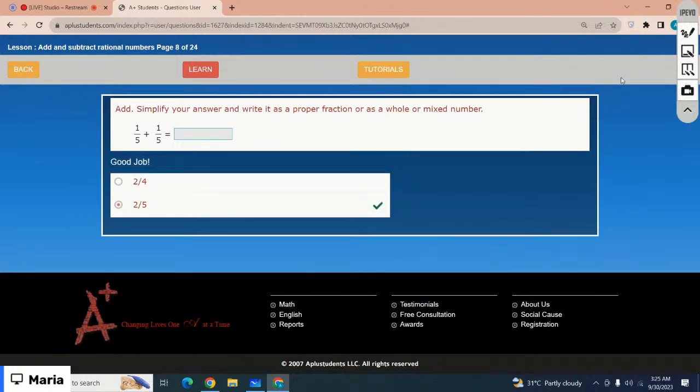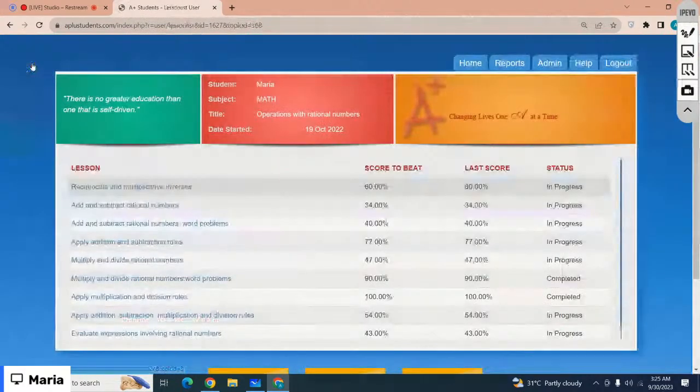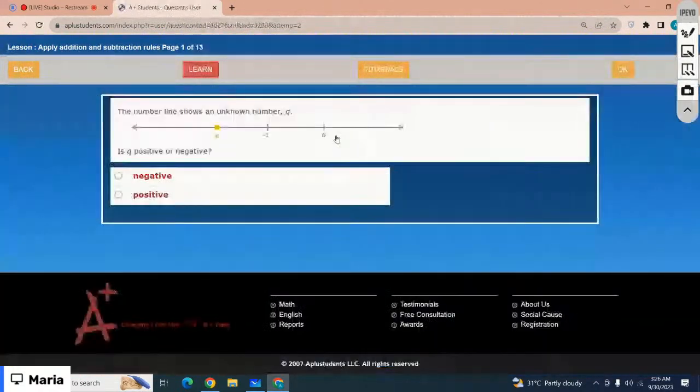Let's just move on to the next lesson. Okay, the next one, you can do add and subtract rational number word problems on your own. Okay, let's just do quickly.